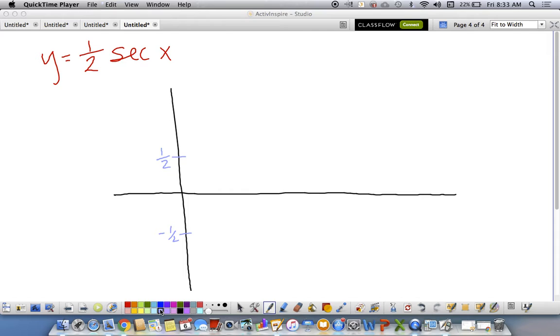No, not quite yet. The original graph looks like this.